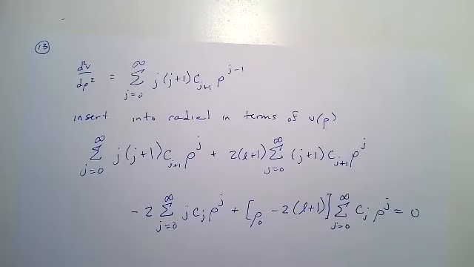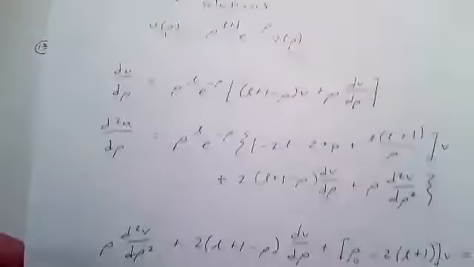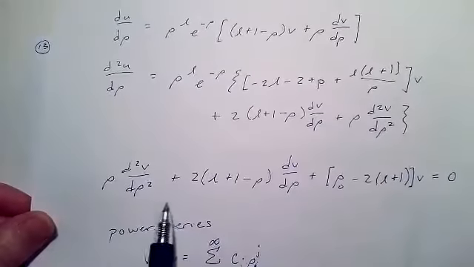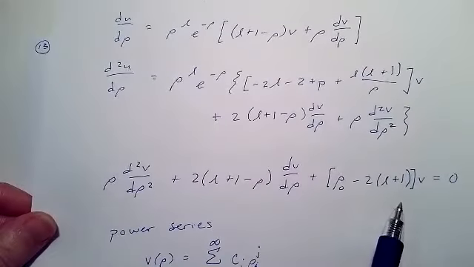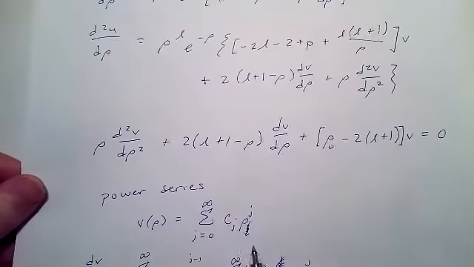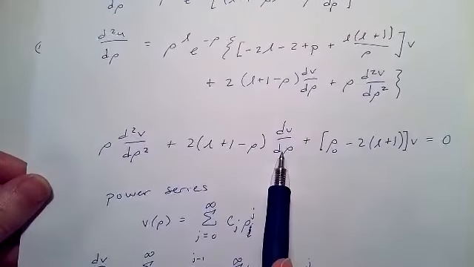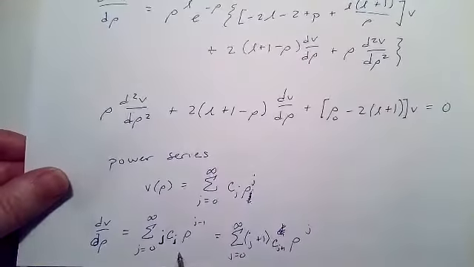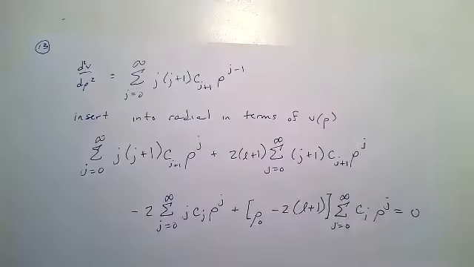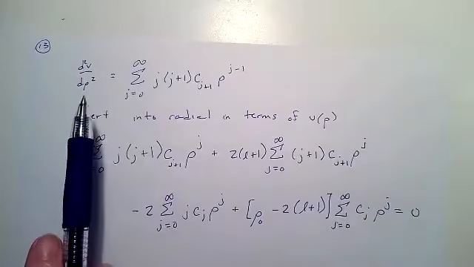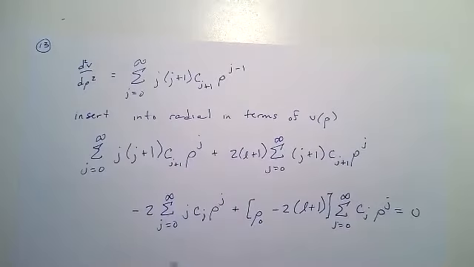So all of that right there just happens to be this equation, now expressed with v as the power series, dv d rho as this power series, and the second derivative as this power series. So we put all that into this radial equation.